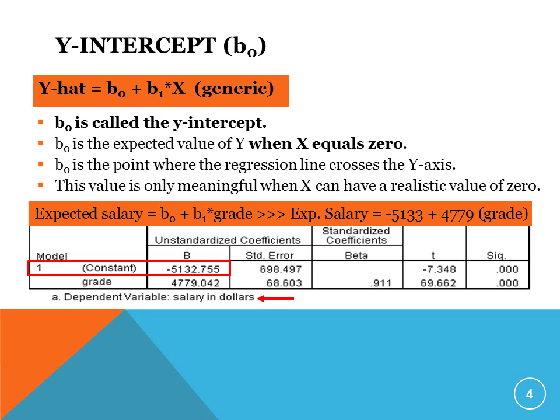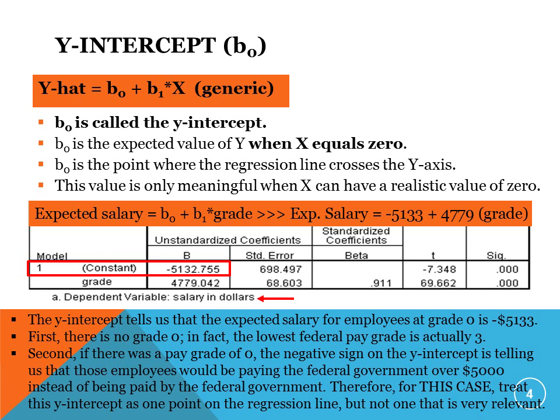We see here beside grade, as you can see here, it's also beside grade in the equation. And then we multiply it by grade. We do that in order to determine what the expected salary would be at grade 0, at grade 1, at grade 2, and so forth.